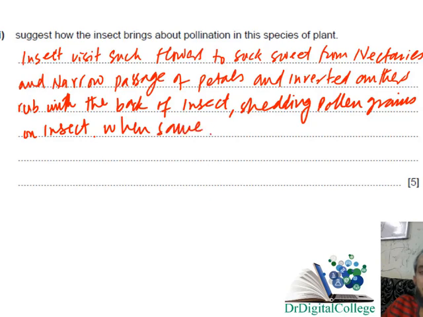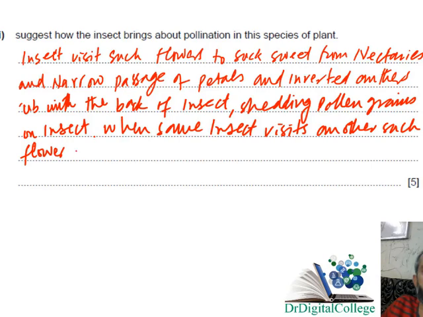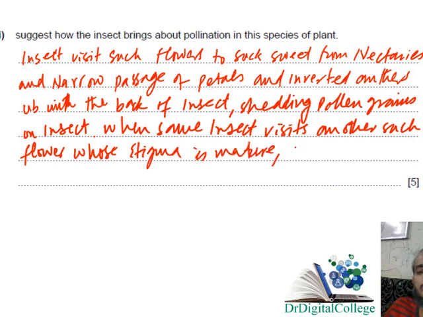When the same insect visits another such flower whose stigma is mature, cross-pollination is likely to occur.